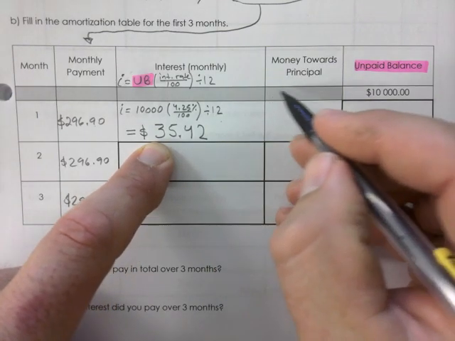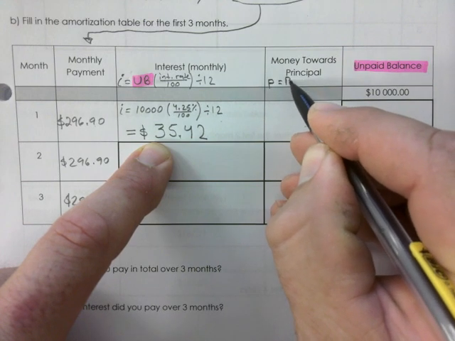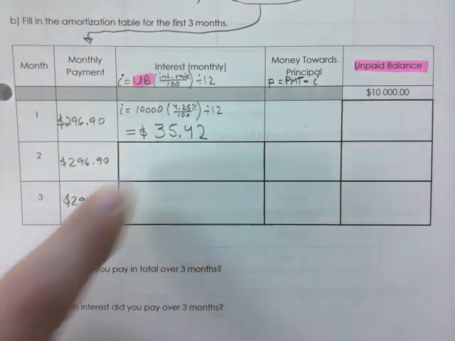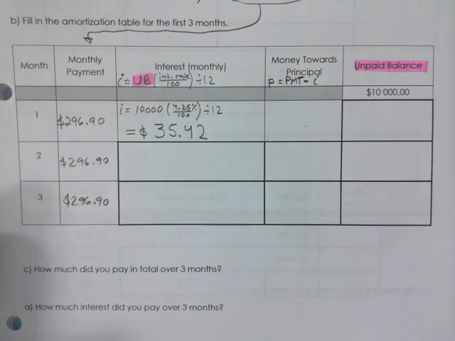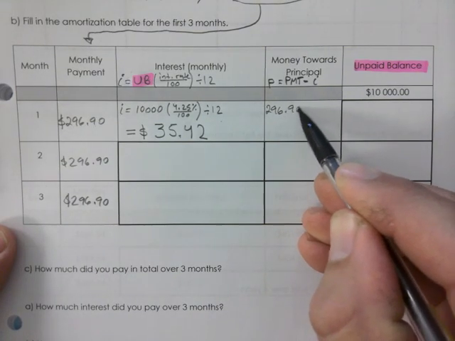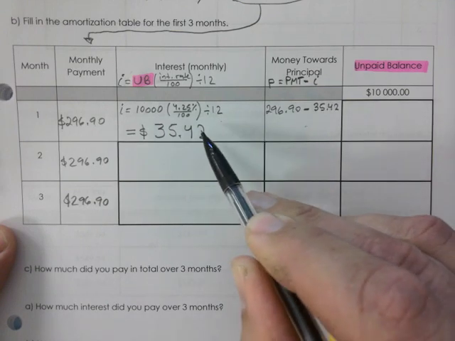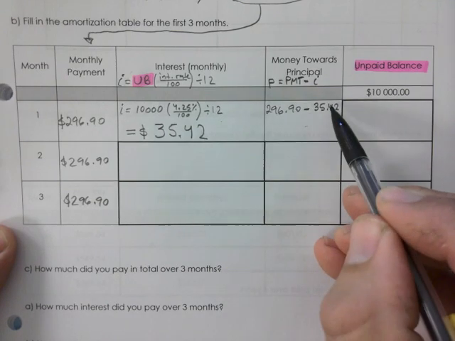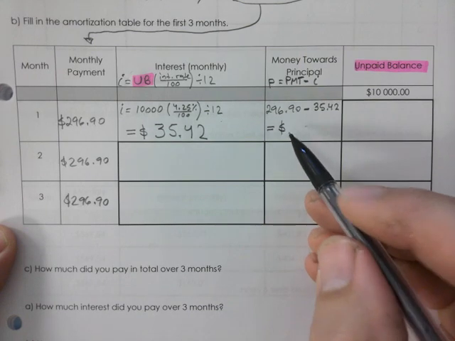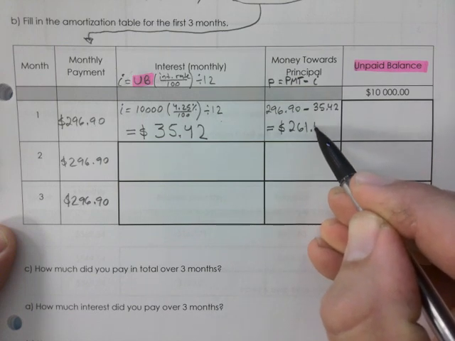So watch what I'm going to do at the top here. Principal is going to be payment minus I. Payment minus I. So you can take the 296.90 minus 35.42, and you got this number, subtract it, and what you get there is 261.48.